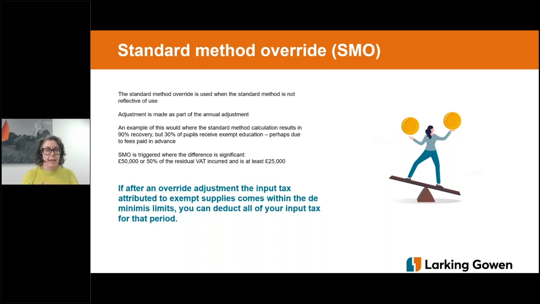We do the calculations that we'll talk about in a moment, and then an adjustment under the standard method override will be required where the calculations give us a significant difference. And significant is defined here as either a difference of £50,000 or a difference of 50% of the residual VAT in your pot that was incurred and at least £25,000.